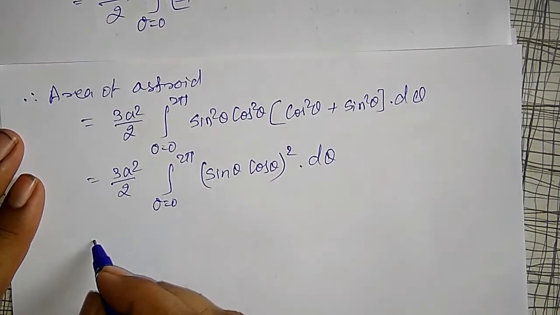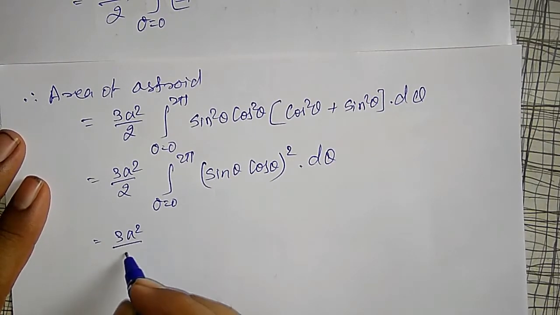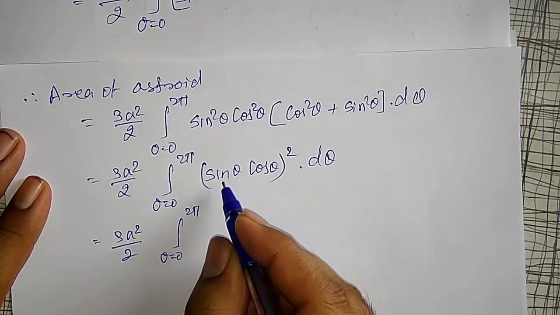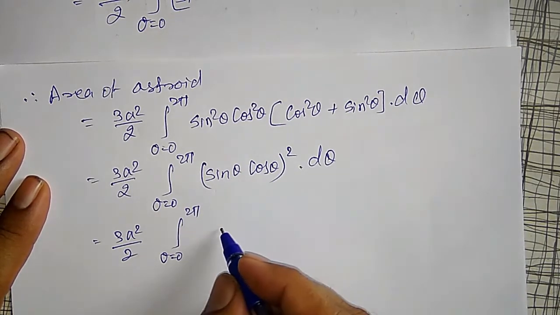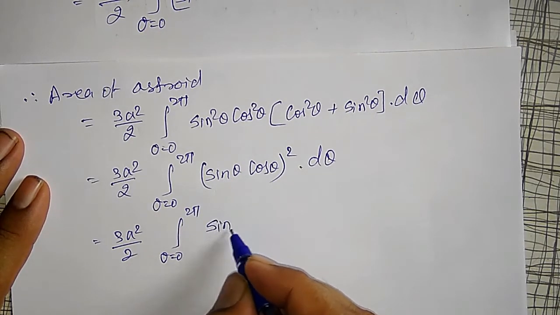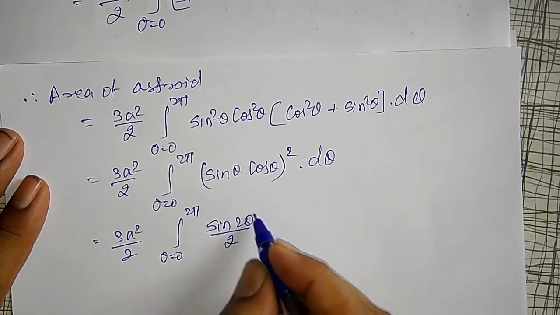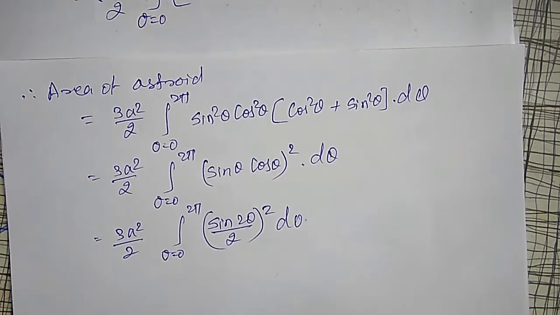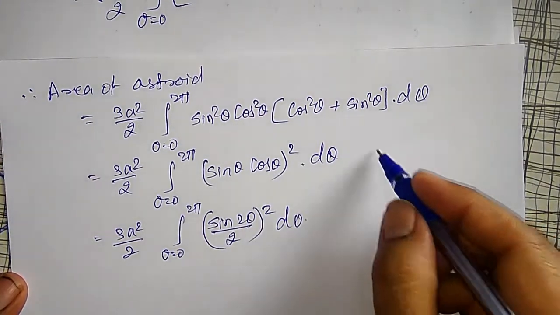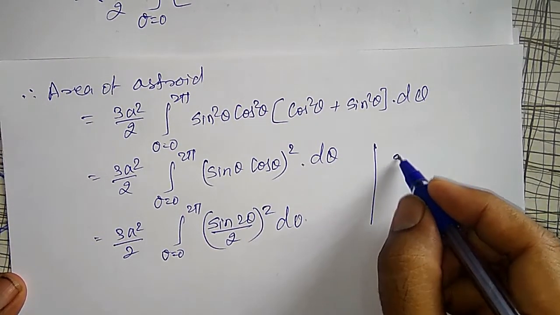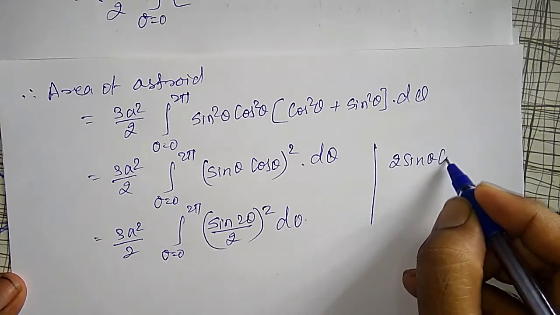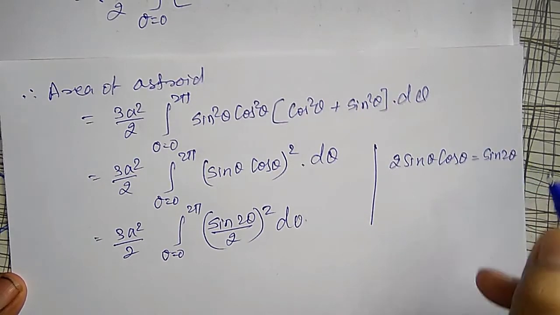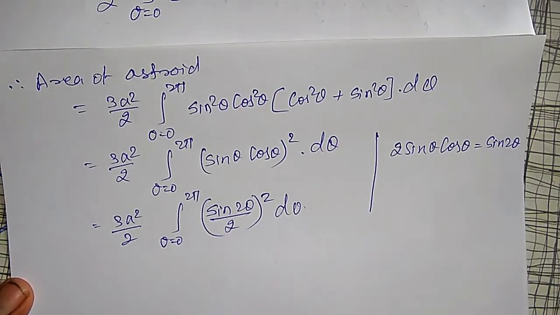To evaluate this, 3a square divided by 2 integration from theta equal to 0 to 2 pi sin theta into cos theta equal to, I will replace it by sin 2 theta by 2 the whole square into d theta. Am I right here? 2 sin theta cos theta equal to sin 2 theta formula we are having, that's why sin 2 theta divided by 2.